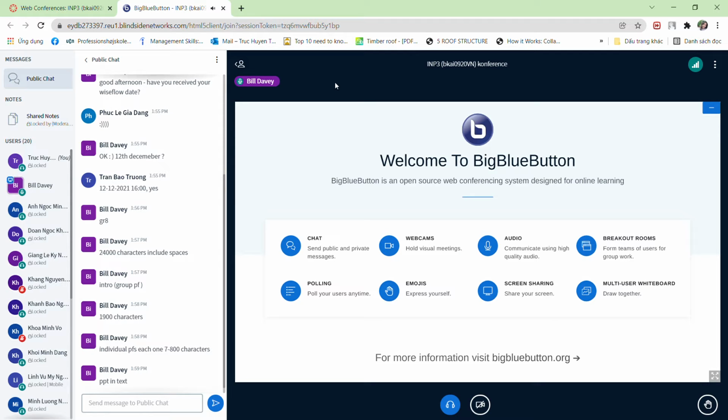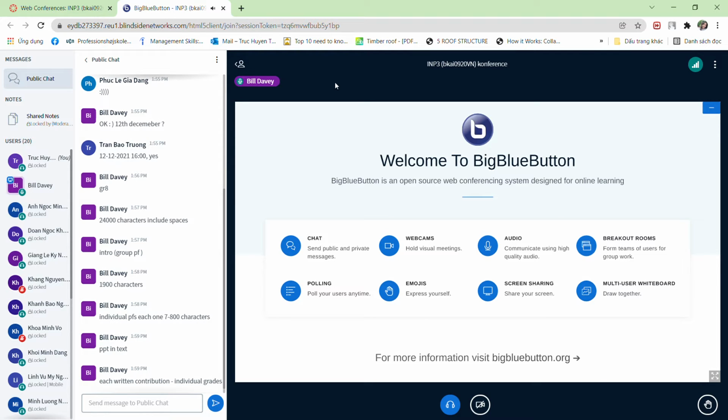Although typically we give group grades in third semester, if there is one person who's done lots and lots of work, much more than everybody else, or one person who has done much less work than everybody else, then we need to be able to make a difference in the grades. So you need to write your name next to the work that you write.